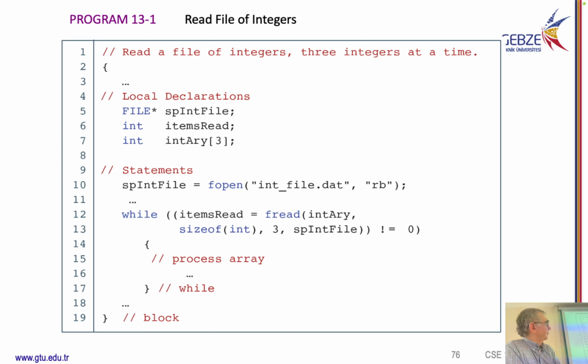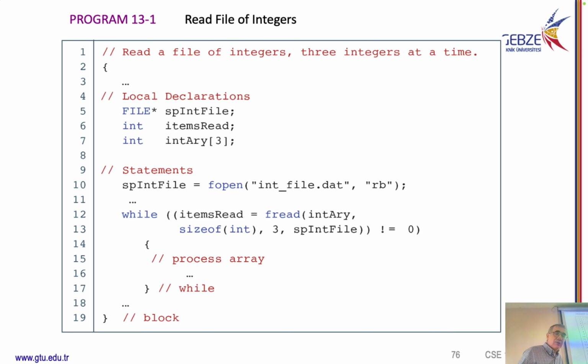For example, while items read, fread, integer array, size of integer, 3 of them from the file.